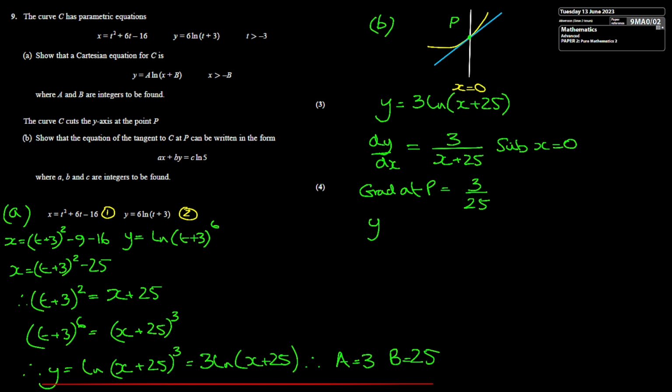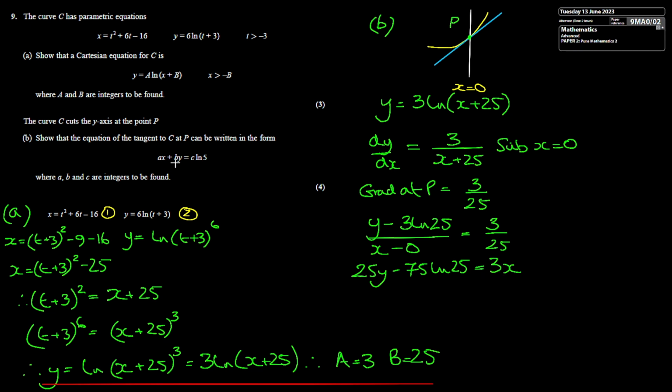So I can say that y minus the y-coordinate where x is equal to 0, which is 3 ln 25, divided by x minus the x-coordinate, which is 0, is equal to 3 over 25. Cross-multiplying, I get 25y minus 75 ln 25 is equal to 3x.